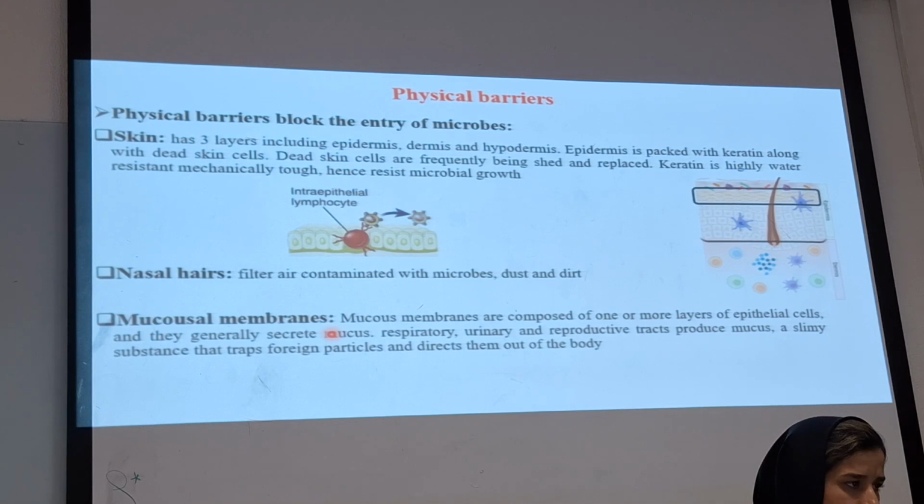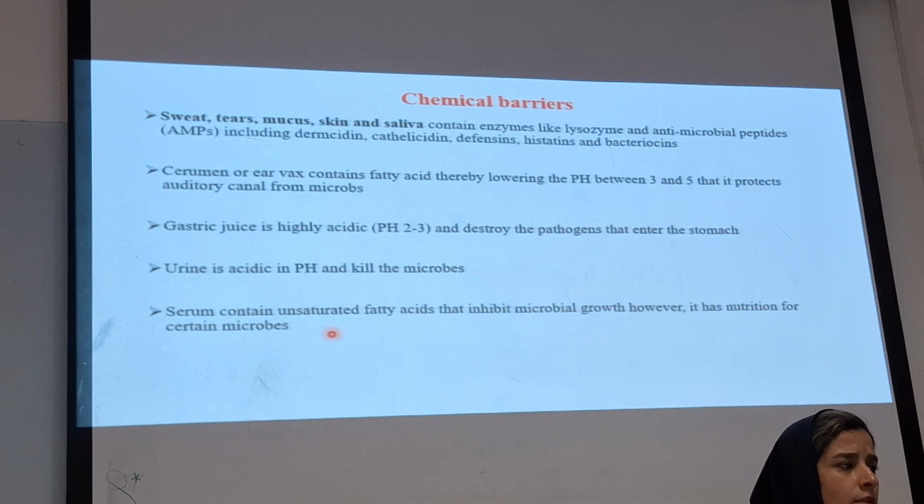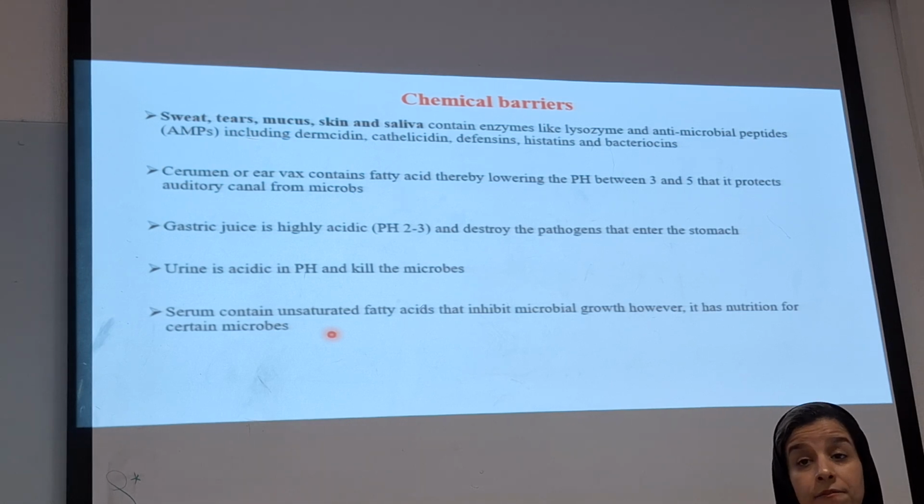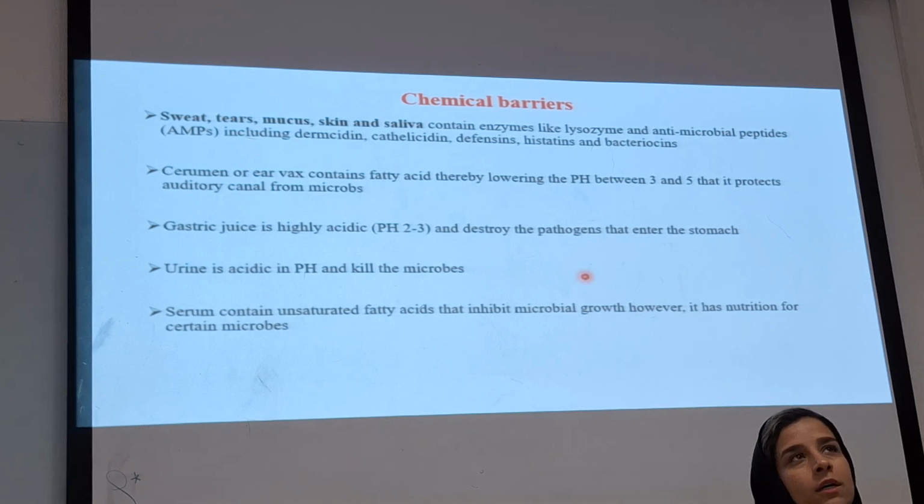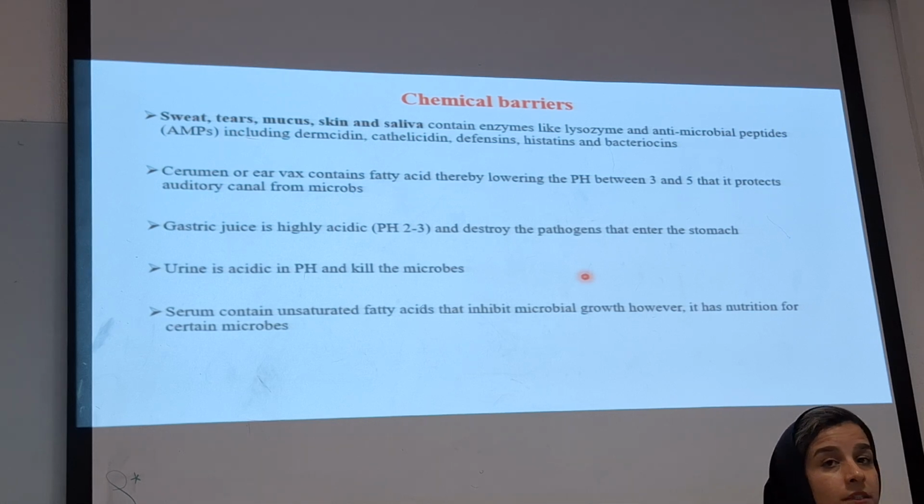And the other barriers in our body are chemical barriers, as the first line of defense in the innate system. You know, on some surfaces and in some fluids in our body, we have some chemicals that have antimicrobial activity.